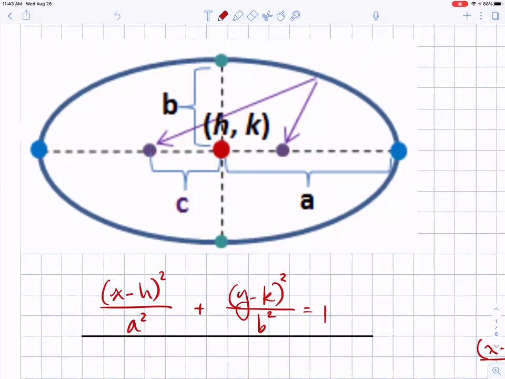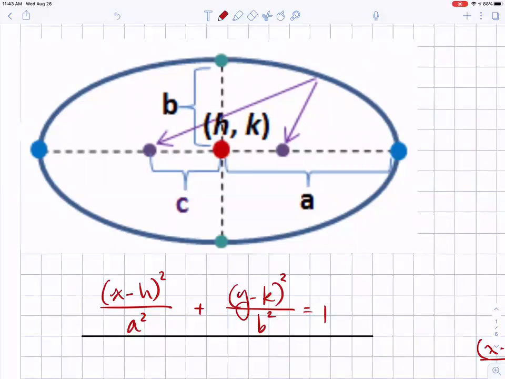What's A again? From the center to the vertex is A. How many A's are on that picture? There's 2 of them. How long, according to that picture, is the major axis?